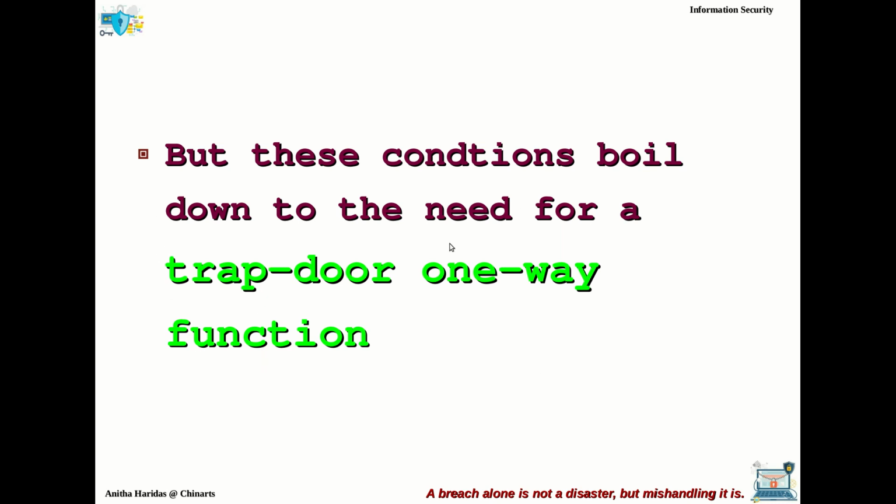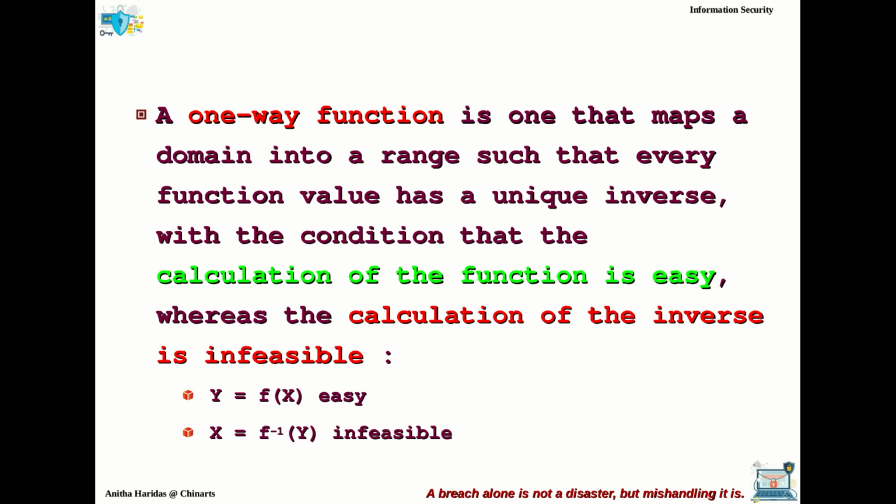So if you have a trapdoor one-way function in your algorithm, then obviously it can follow all these 6 different conditions. Okay. If so, the question is now, what do you mean by a one-way function and what do you mean by a trapdoor one-way function? Okay. Let us see what is a one-way function.